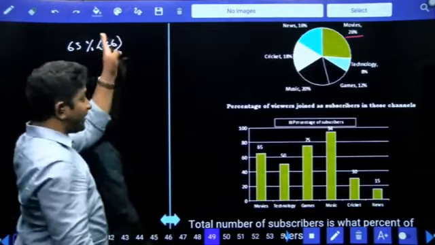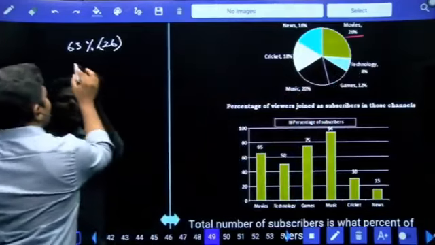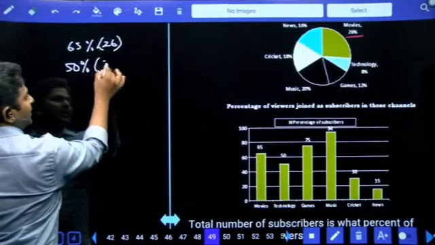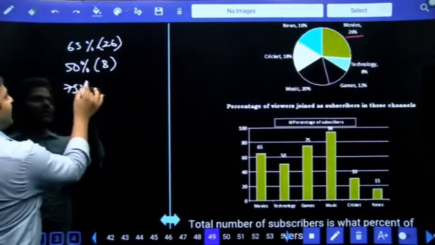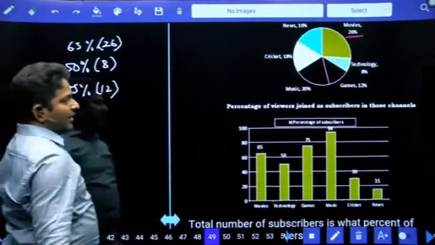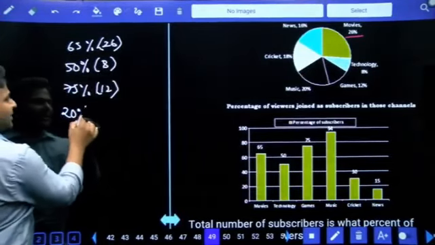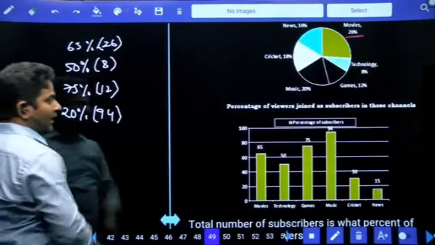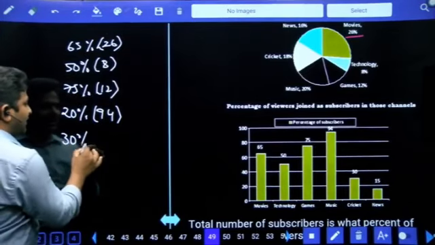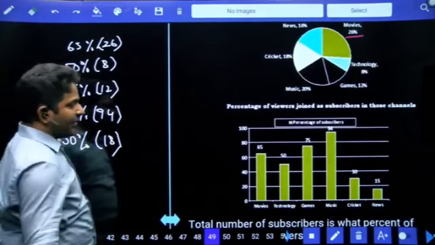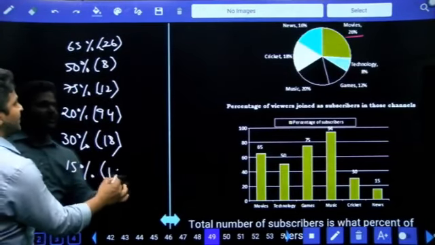Whatever the statement that we have written for the first question. 50% of technology, that is 8%. Game 75% of 12. 75 percentage of 12. Like that. 94% of 20 or 20 percentage of 94. And then cricket 30% of 18, 30 percentage of 18, and then news 15% of 16, 15 percentage of 16.